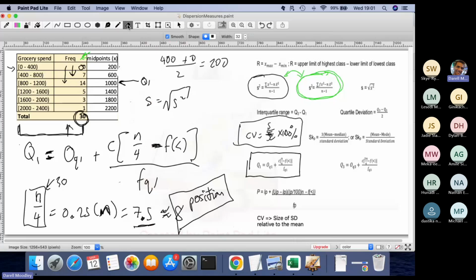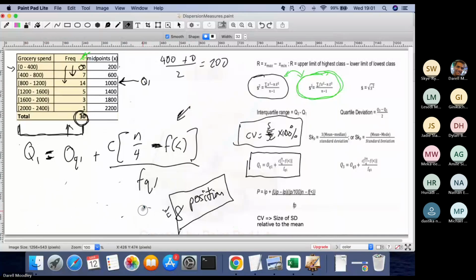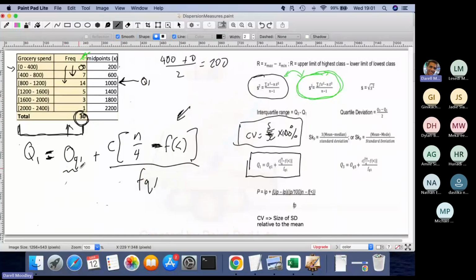Okay, so we know that bin is where the first quartile person lies. Every single term in this equation that you see here is determined by that interval. So your OQ1 is the lower limit of that interval, and for this interval the lower limit is 800.